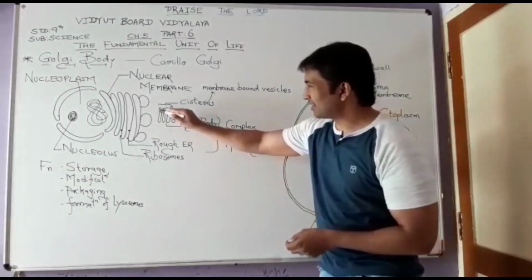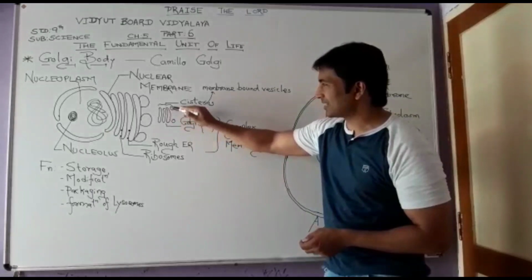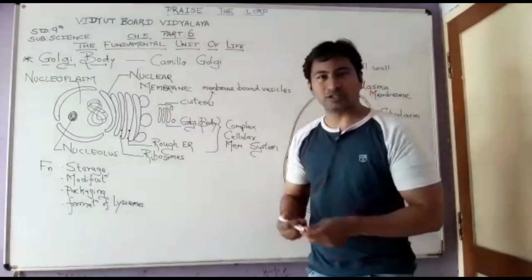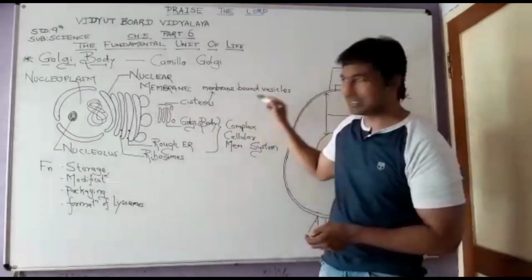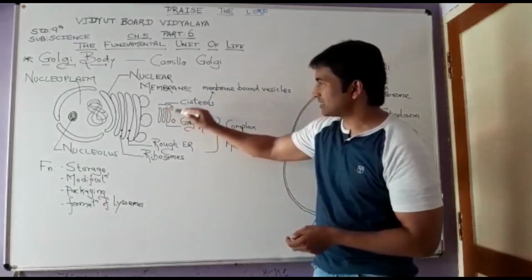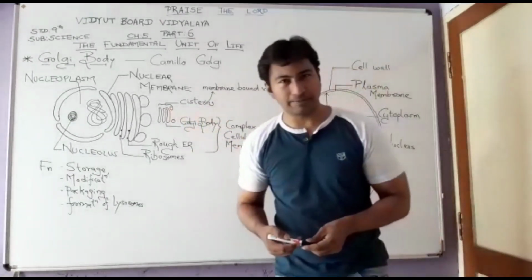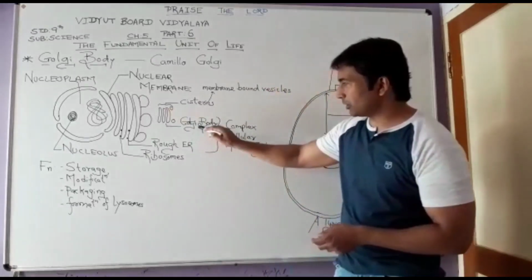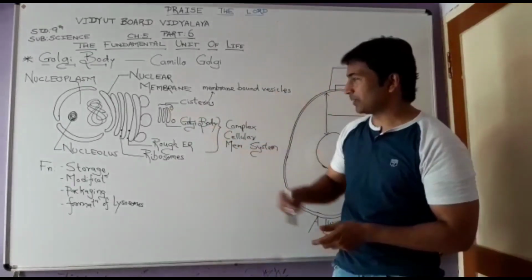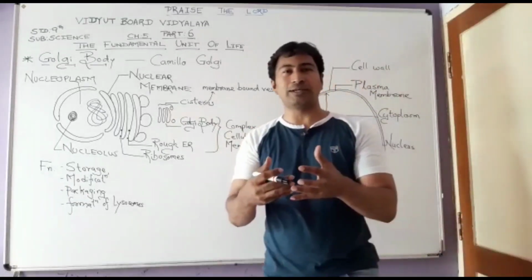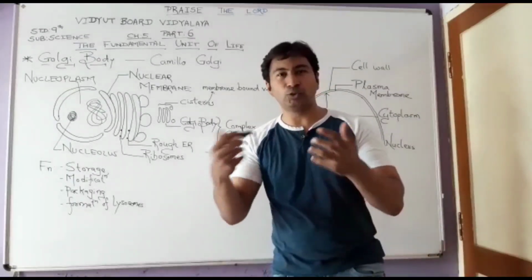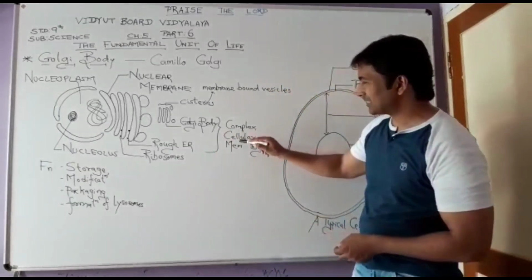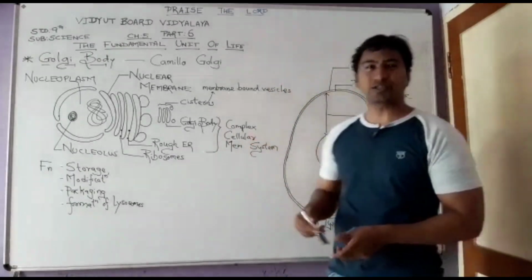It consists of several tubular structures as well as certain rounded structures. Therefore it consists of membrane bound vesicles, and these membrane bound vesicles are known as the cisternae. As the Golgi body and the endoplasmic reticulum are very close together, they together form a complex cellular membrane system.